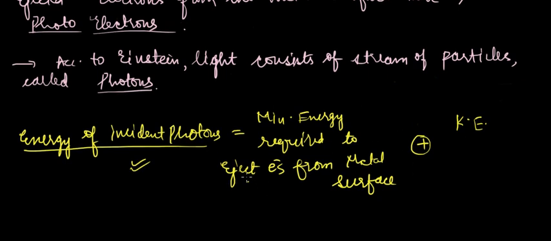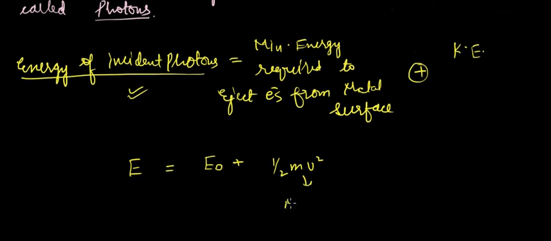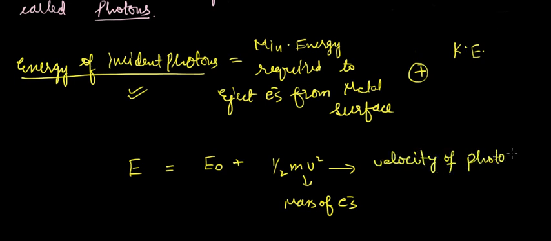We can also say that E equals the energy required plus half m v square. Here m is the mass of the electron and v is the velocity of the photoelectrons.